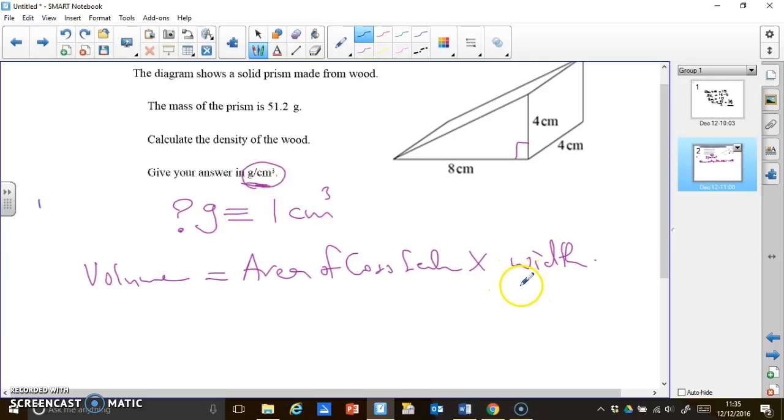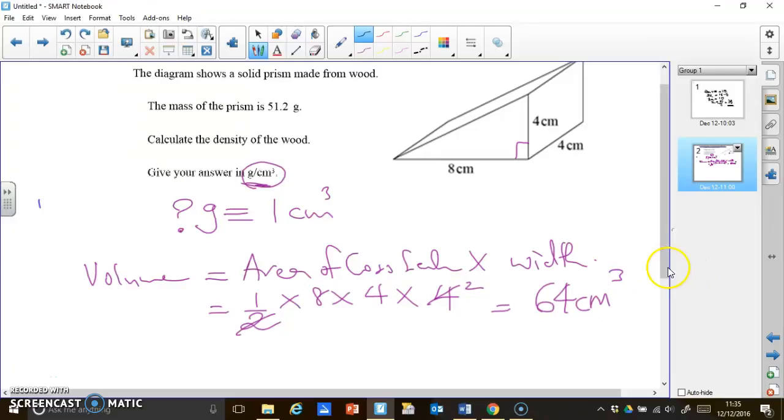You could call it anyhow you want. So in this case, we're going to do half times 8 times 4, and then times 4, the third measure. This will then simplify to 64 cm cube.